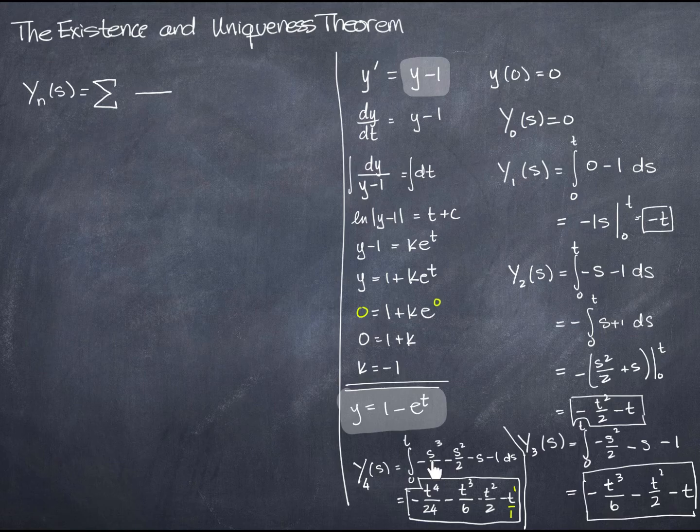Here, I integrated this term. I took the 1/6 out front, so I had a 1/6, and then I had s cubed over 4. So I already had a 1/6, and then I multiplied it by a 1/4, and that's what gave me the 24 here.